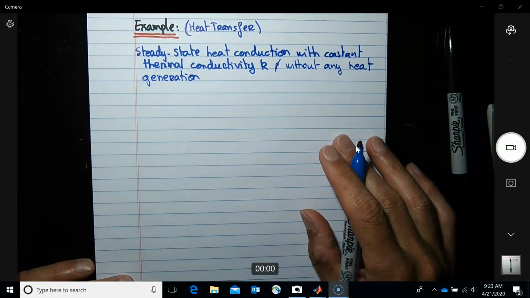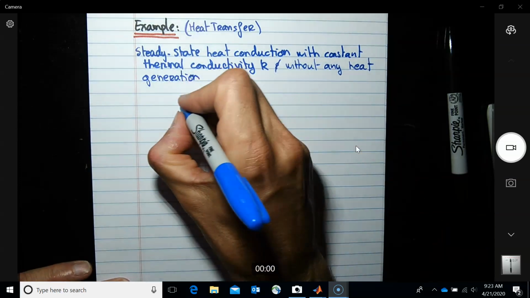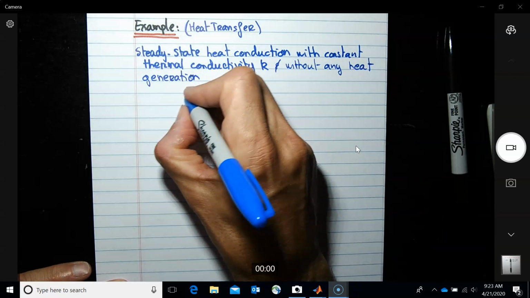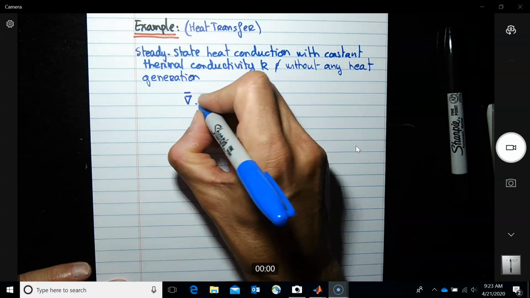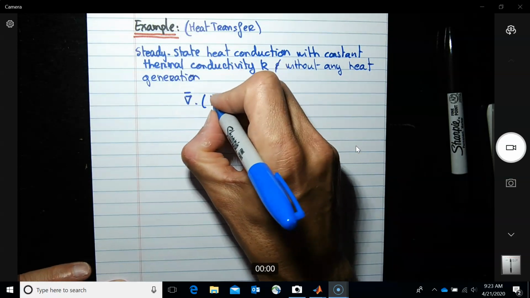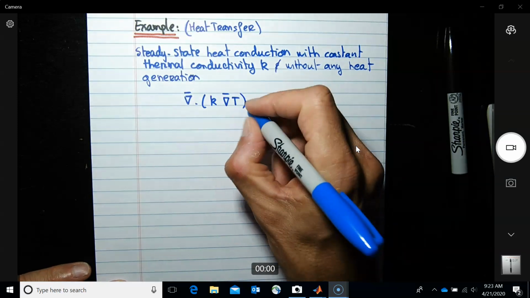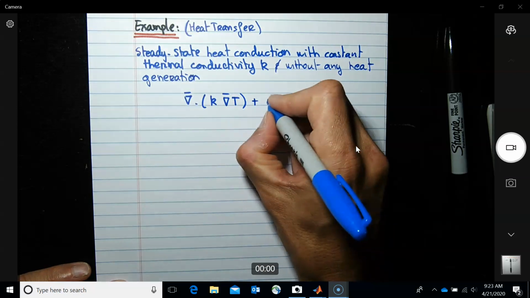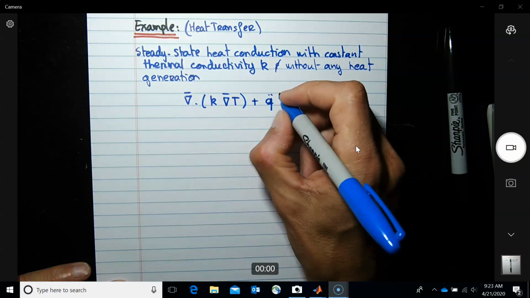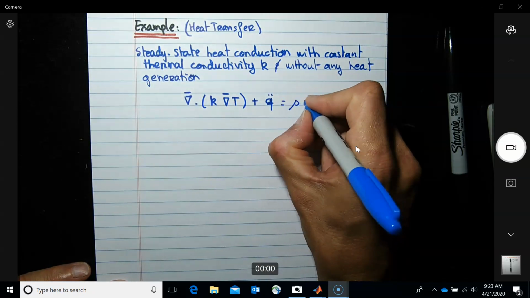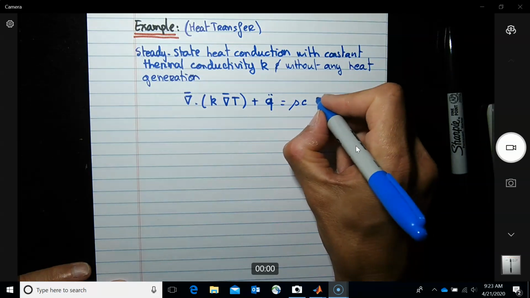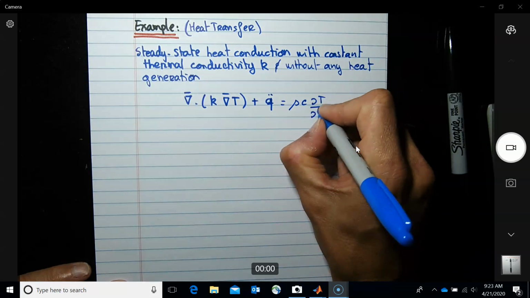Okay, so basically the equation is the divergence of k gradient T plus Q, the heat generation, equals rho C dT over dt.